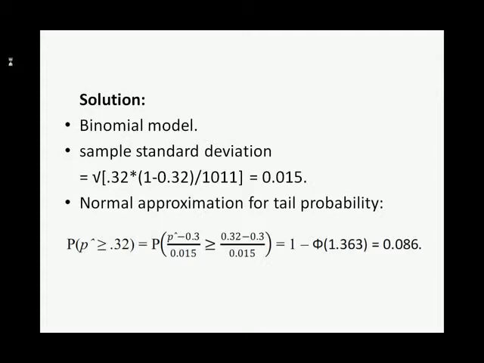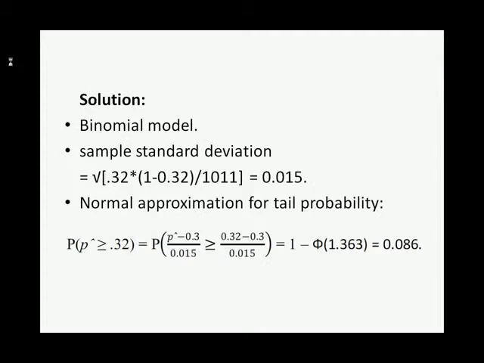So the standard deviation comes out to be the square root of 0.32 times 1 minus 0.32 divided by 1,011, which is equal to 0.015.